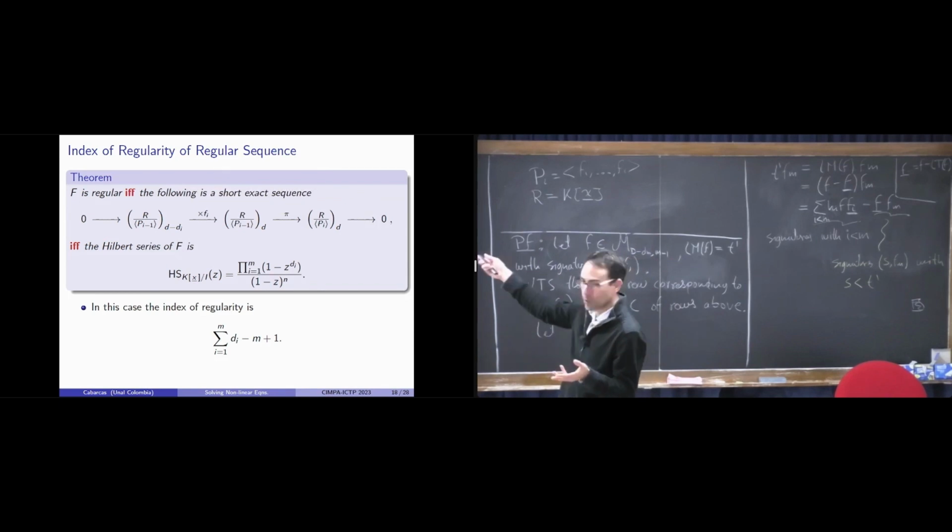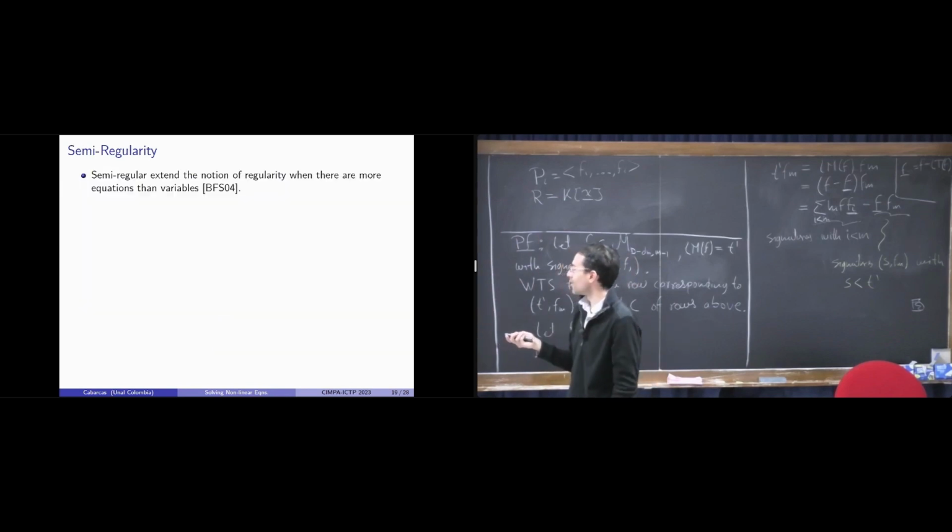And this condition cannot go forever. You eventually fill up completely the ring. You get to a degree where the dimension of the ideal is the same as the dimension of the ring.